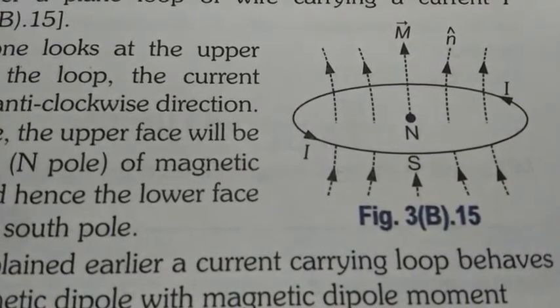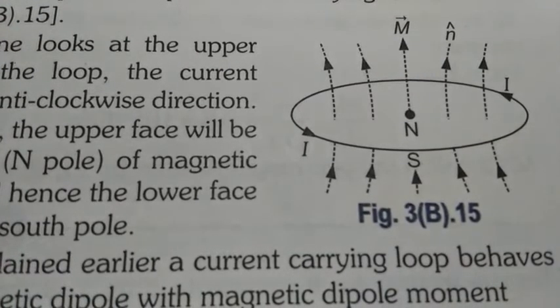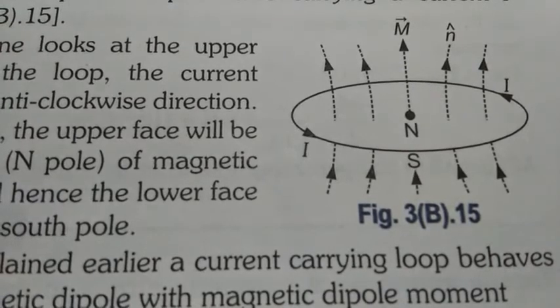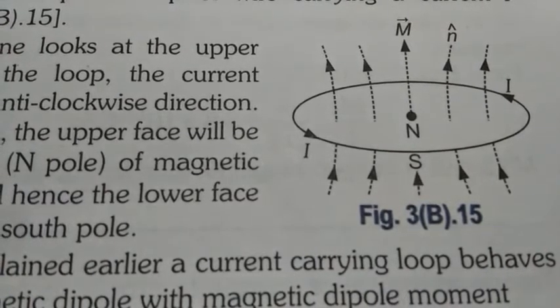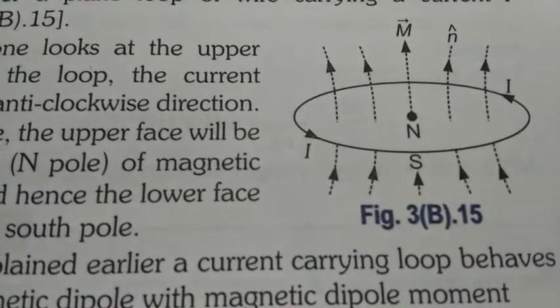So here in a loop, when the current is flowing, we have two poles: on the upward side N pole, on the downward side S pole. So here we can say that a current carrying loop can work as a magnetic dipole.